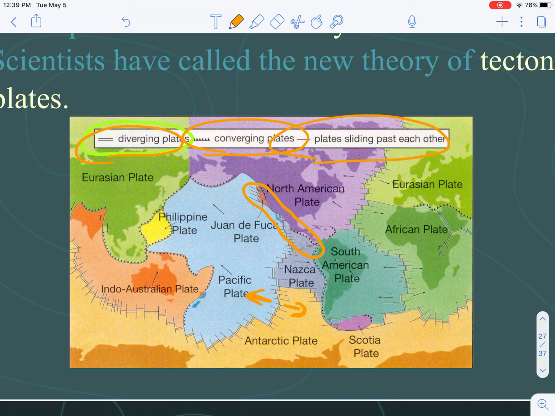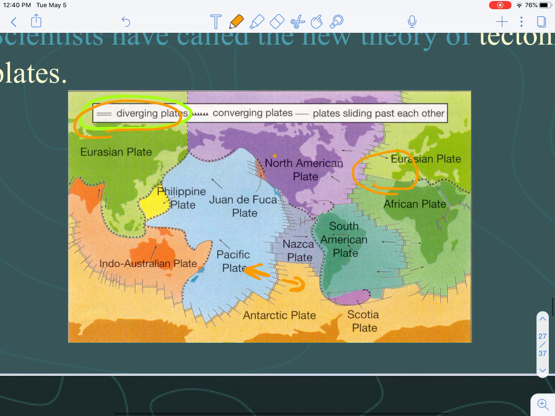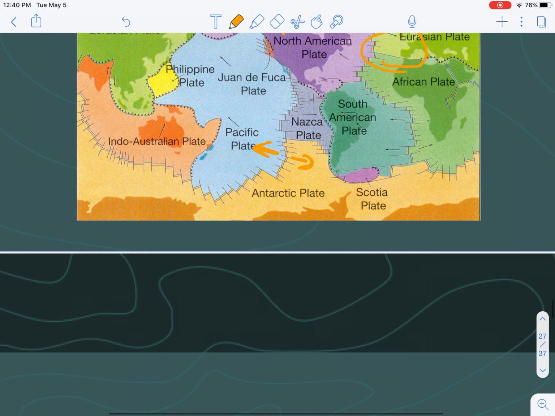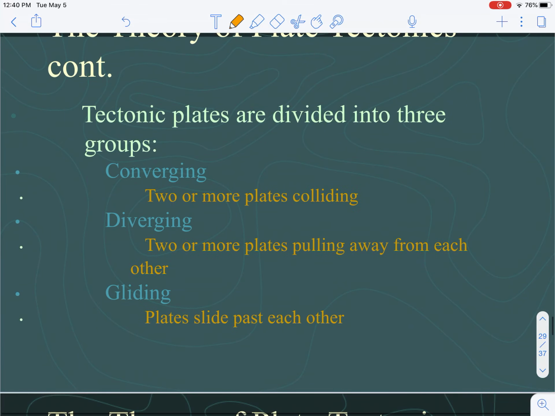And this pointy symbol is areas where they're converging and forming mountain ranges, so it kind of coincides with mountain ranges. And the ones with just a line are areas that are just sliding past each other. So you can look at the movement that is happening in all these different places, like, for example, what's happening with the plate that we're on in North America, and how it's moving compared to all the plates around us.